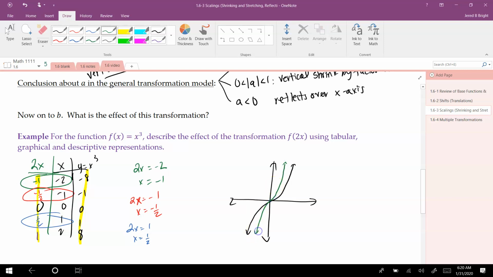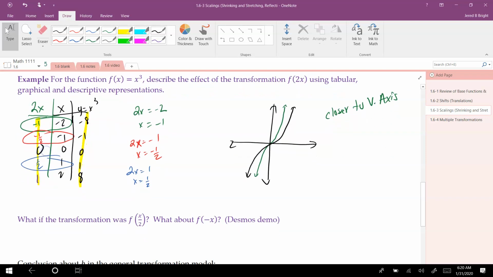So it actually looks like it gets closer to the vertical axis. Okay, so let's see what that transformation ends up looking like, and then we'll also look at these in Desmos.